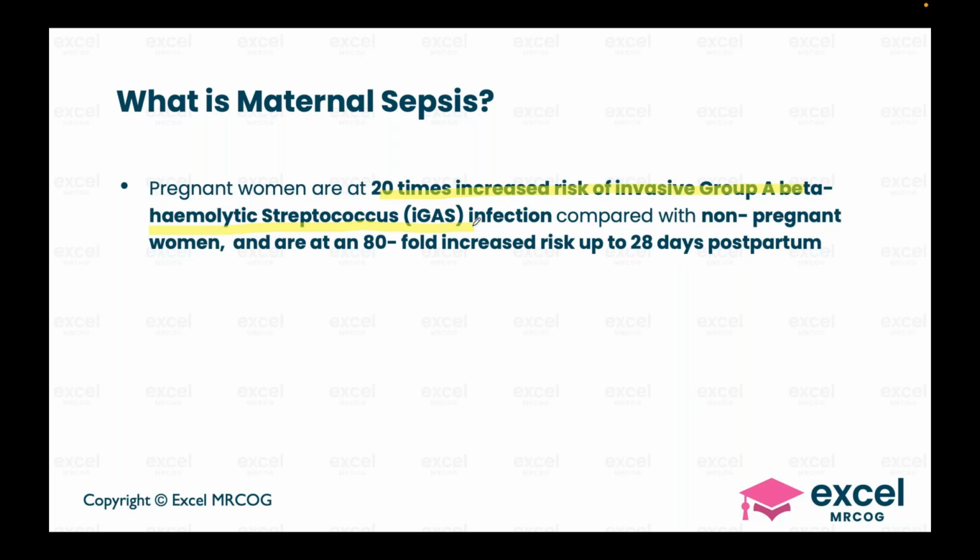They are at risk of invasive group A streptococcal infection 20 times as compared with non-pregnant, and there is an 80-fold increased risk in the postpartum period. Right? So this is something that we need to remember, and this is one of the common causes or the common bacteria that results in death.